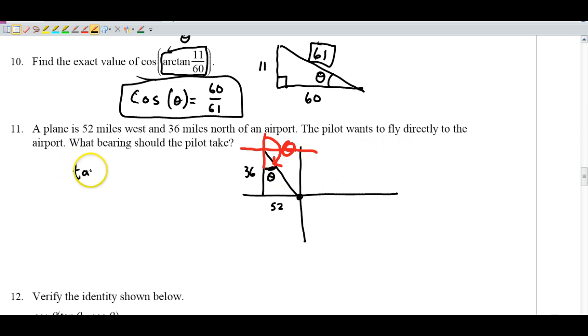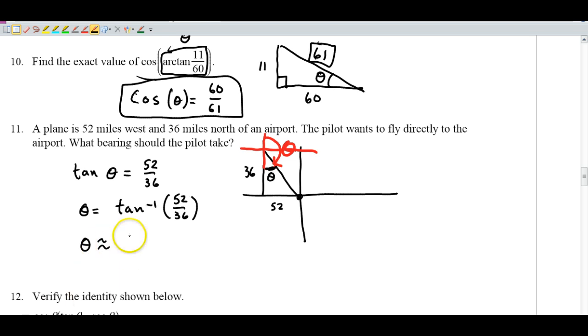So the tangent of theta is equal to 52 over 36, and theta is equal to the inverse tangent of 52 over 36, and so theta is roughly 55 degrees.